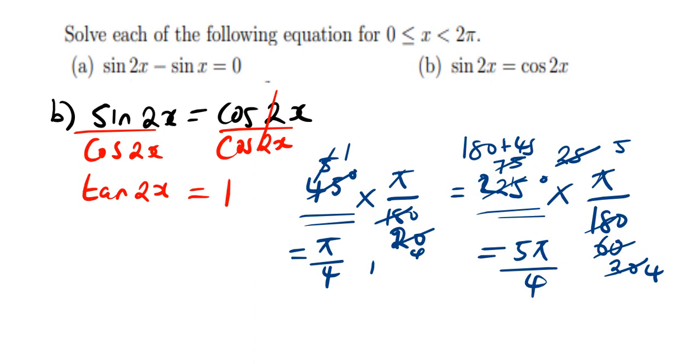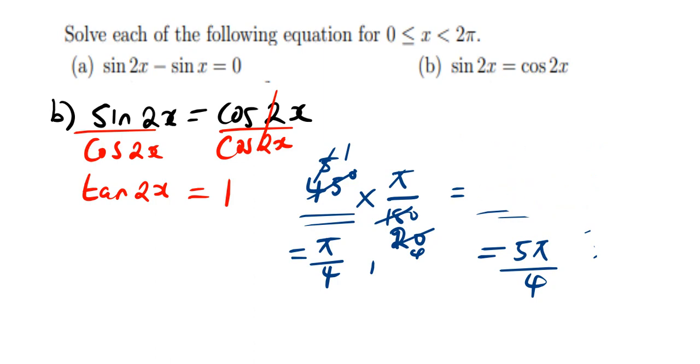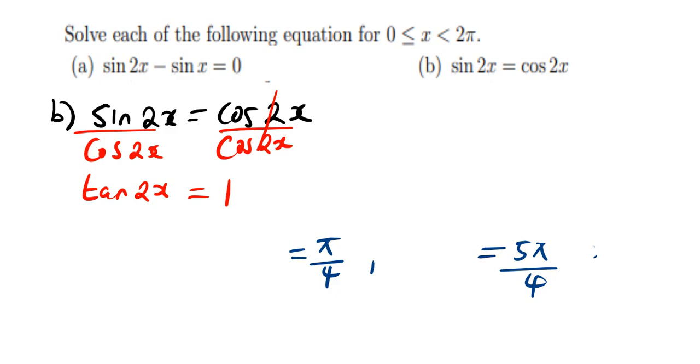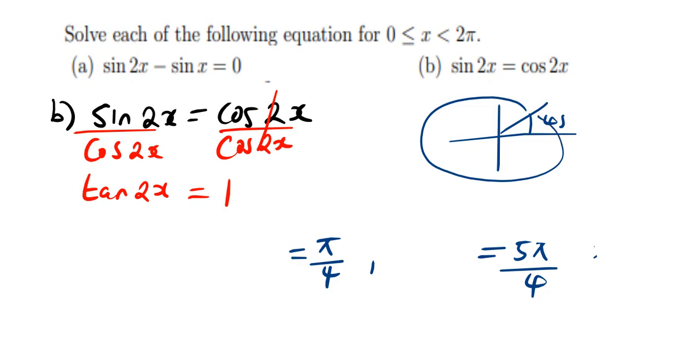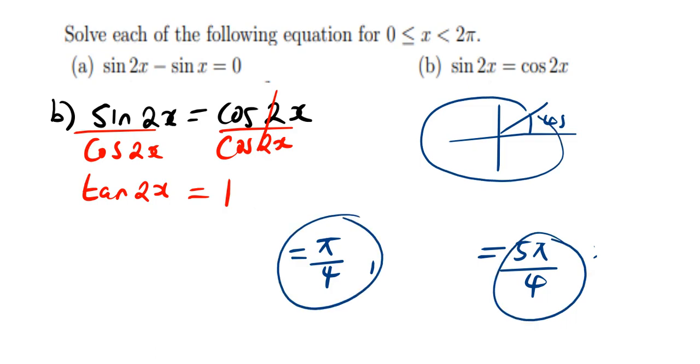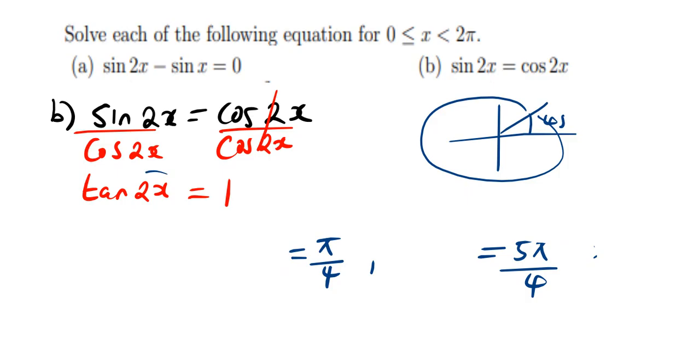So these are the two answers in terms of radians. Now what do I now have? We had 45, so this is the first revolution. Now we also have another revolution, because 2x means you've taken one revolution and found these two answers, but now it's 2x, so you have to take another revolution.